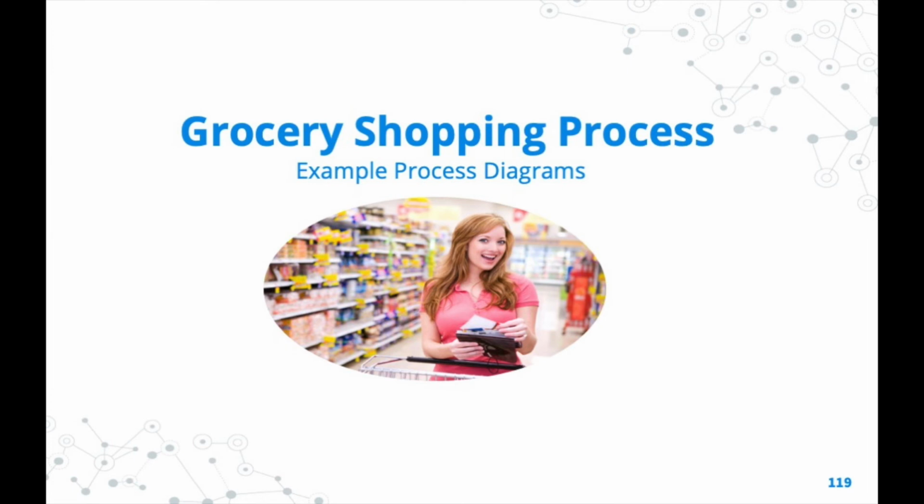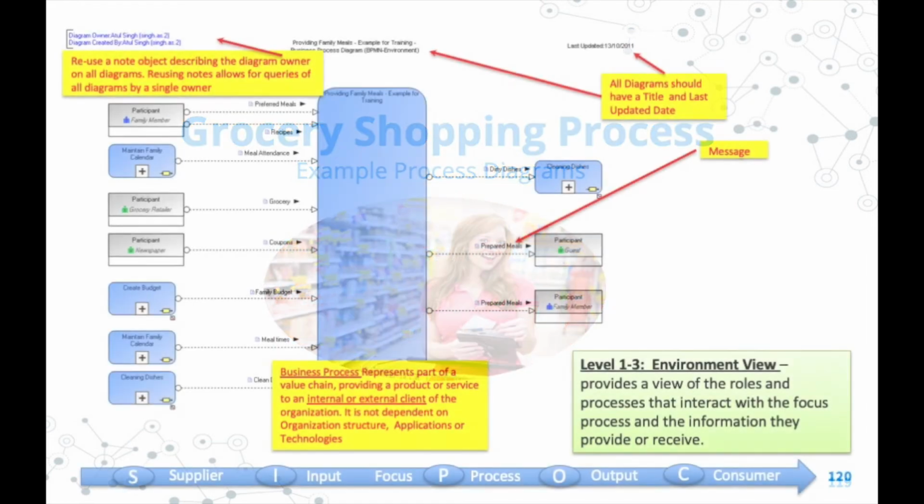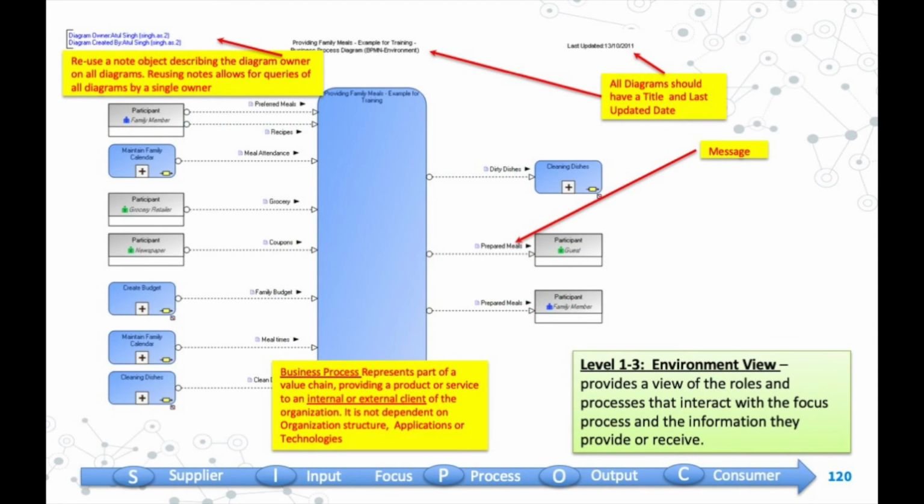Let's take another look at an example set of process diagrams. I'll use a process that I think most of you are familiar with, which is grocery shopping. The larger level 1 through 3 environment diagram is shown here. It's really about planning for providing family meals.